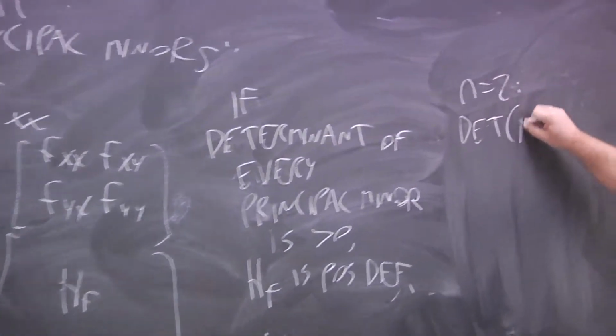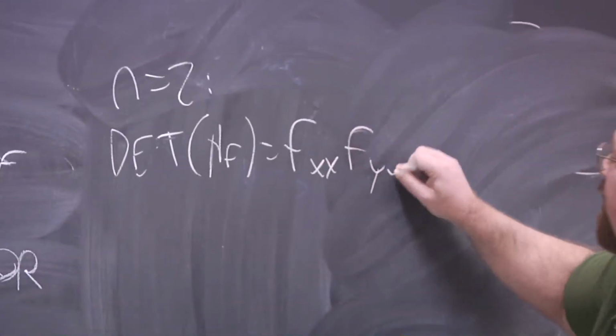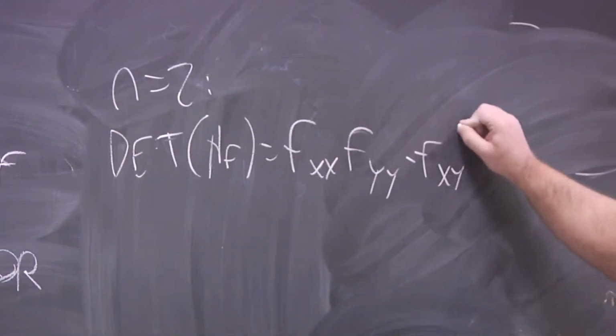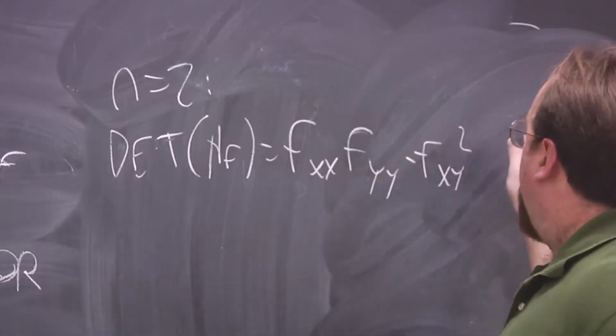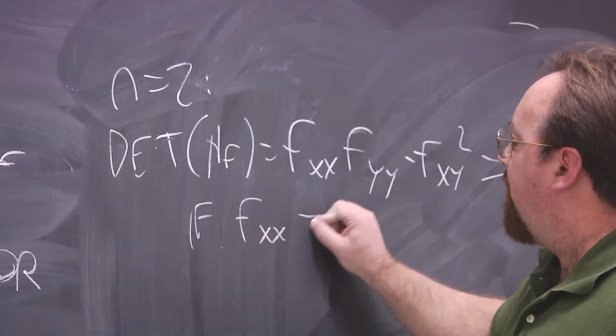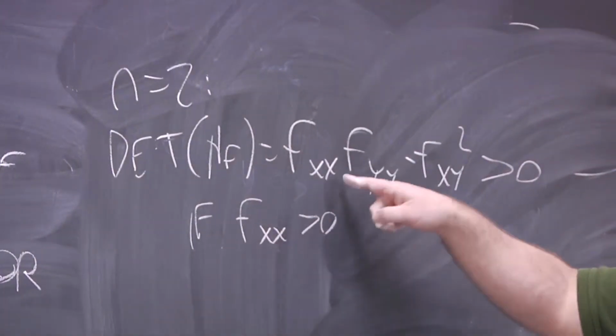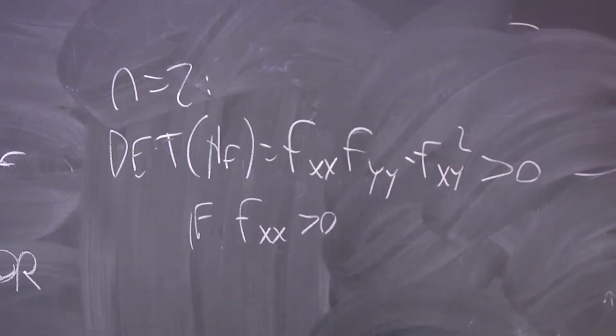So you compute the determinant. That's fxx fyy minus fxy squared. And you want it to be positive. And then if fxx is also positive, well, this is the first minor, this is the second minor. You can confirm that both are positive.